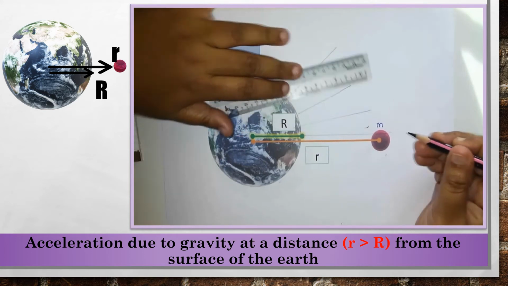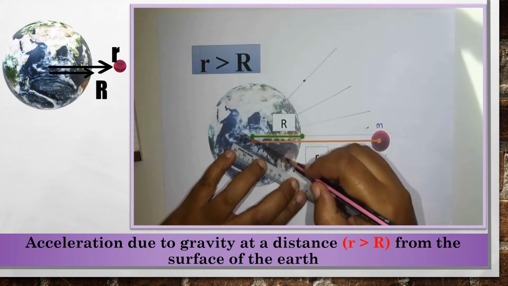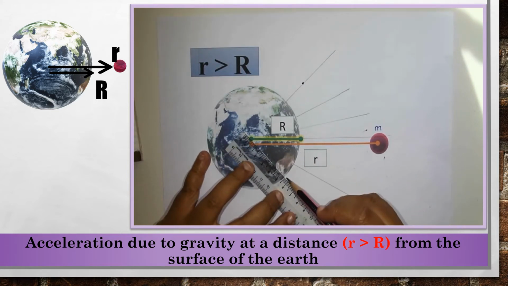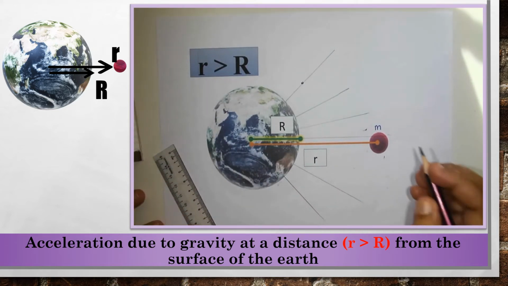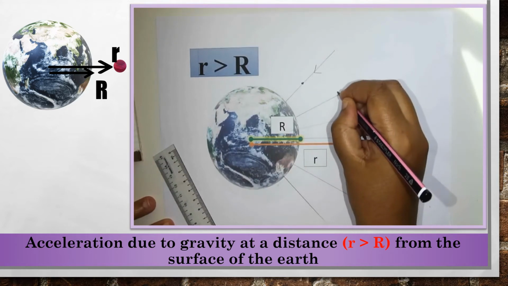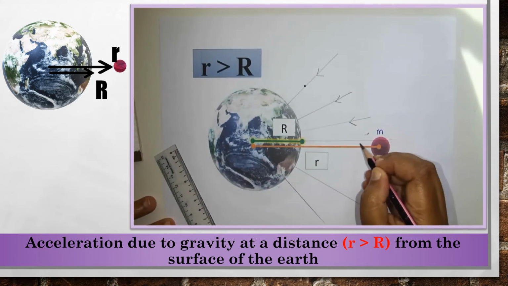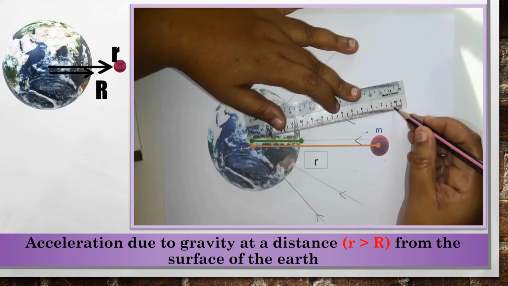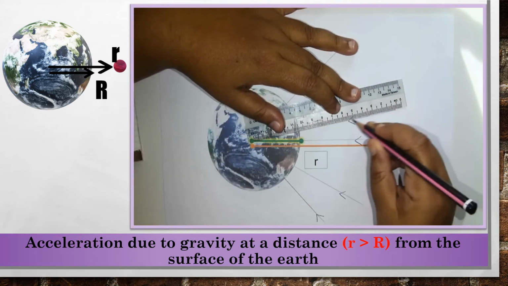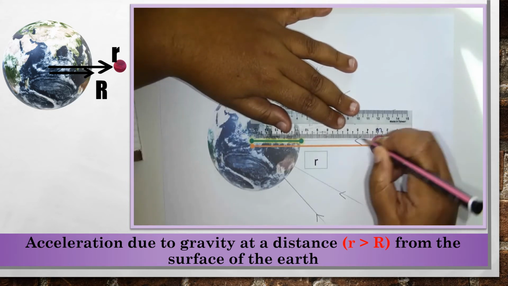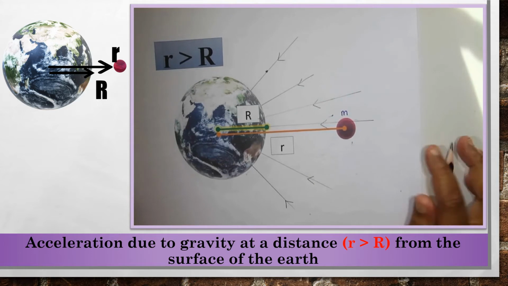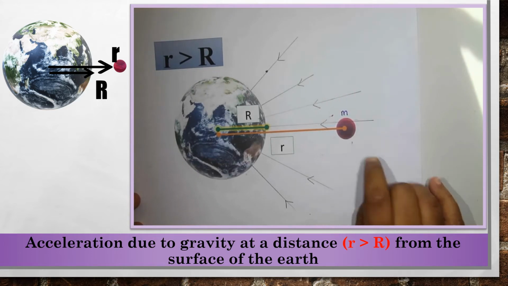So you can keep on drawing that to visualize and understand how it works. We know the direction of the gravitational field is towards the center of the earth. So what happens is the mass m enters into the gravitational field of the earth.